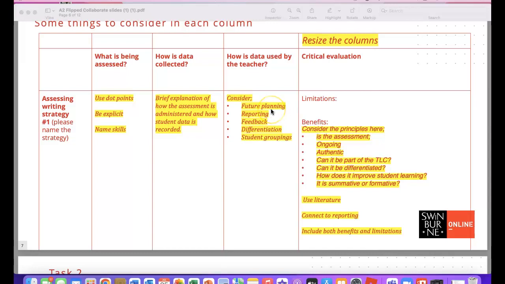So if I have a rubric that is a rating, peer monitored rubric or self-assessment even, the reporting could be that you're going to report it back to the student themselves.